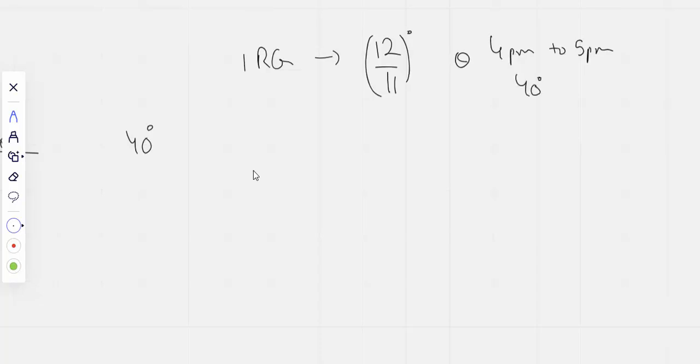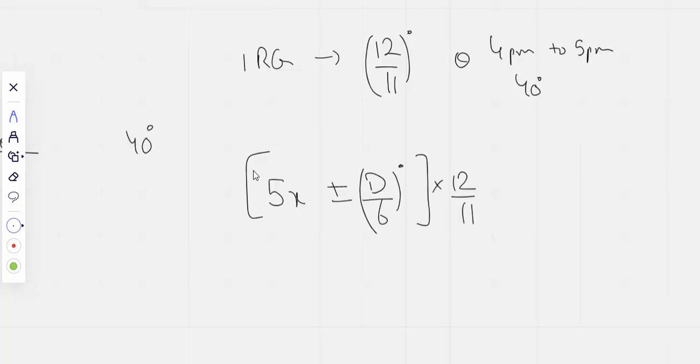Let's solve this. There is a formula like this: 5x plus minus d by 6, into 12 by 11.